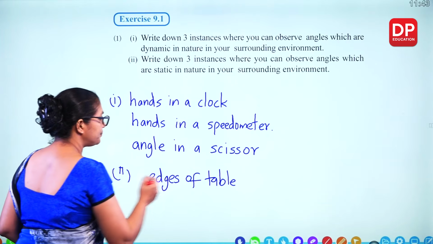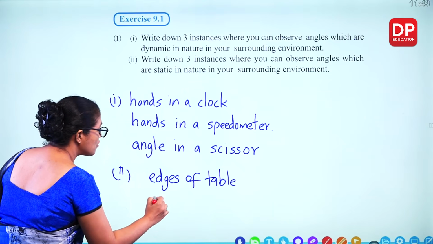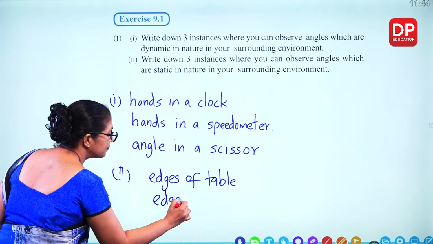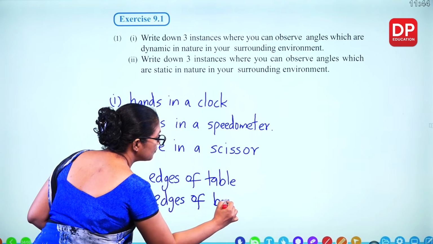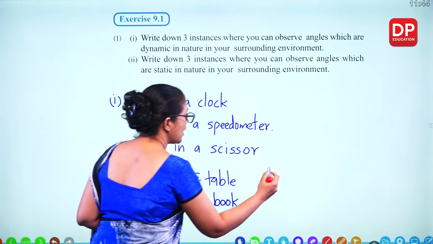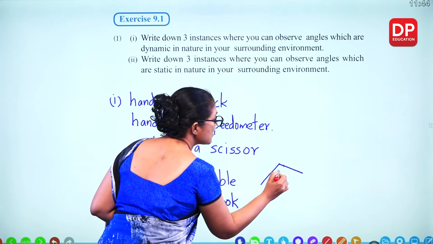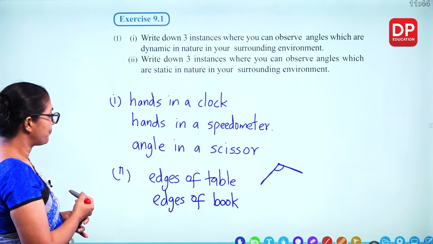Edges of a table, and what else? Edges of a book, so when you take a book like this, this edge is not changing.